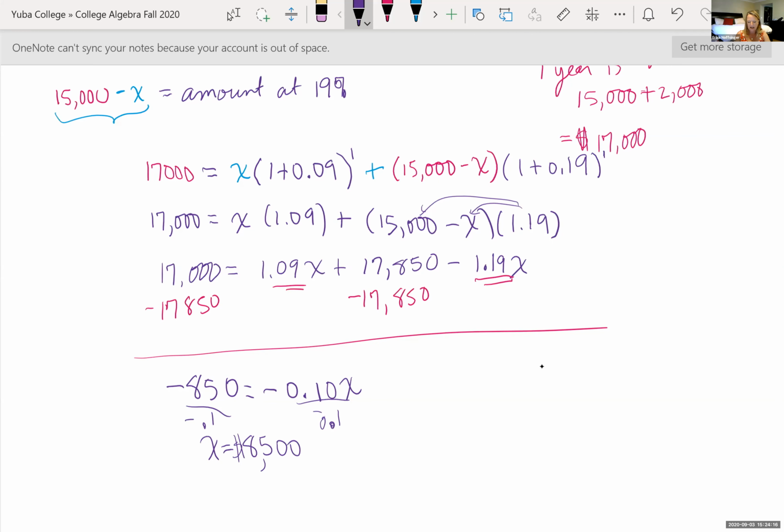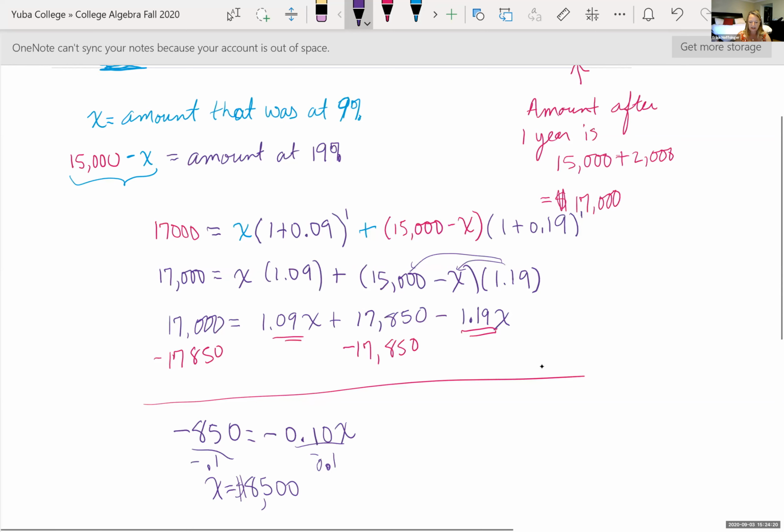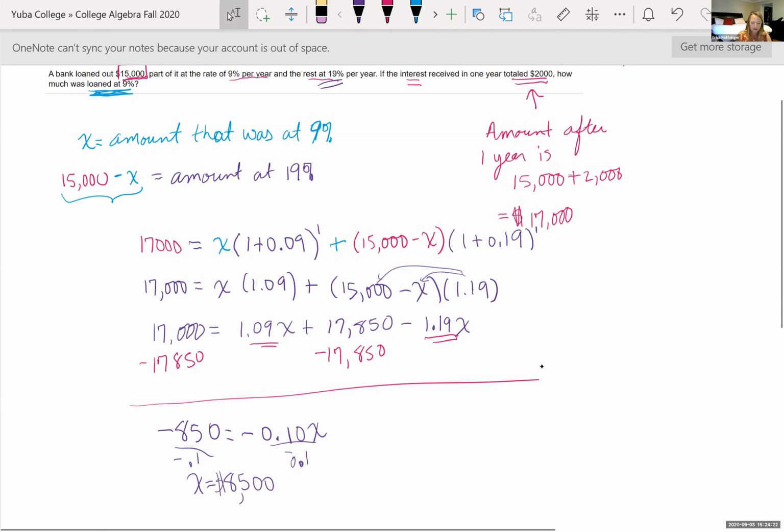And so they wanted to know how much was loaned by the bank at the 9%, and how much was at the 19%. So 9% was the 8,500.